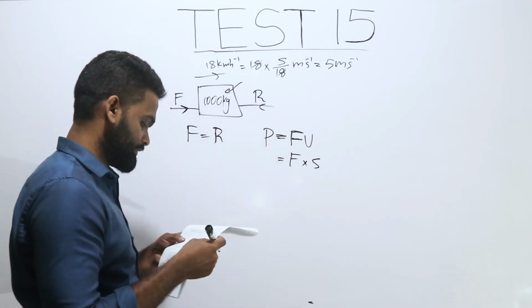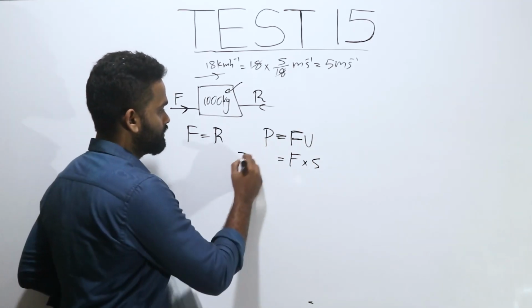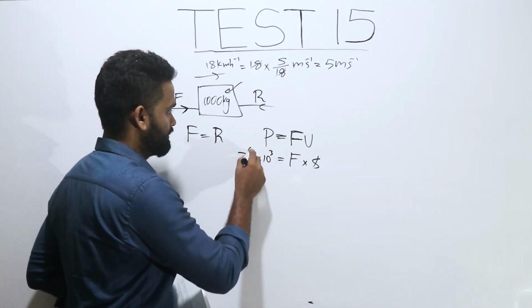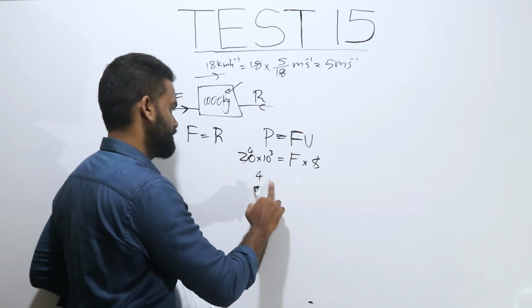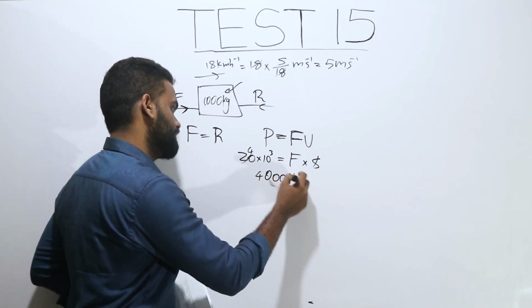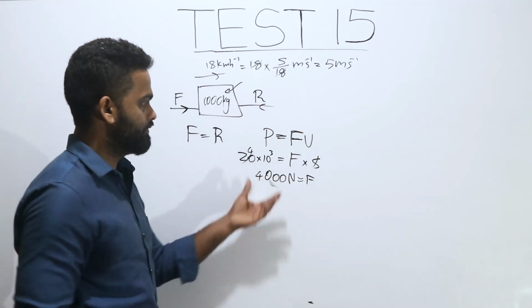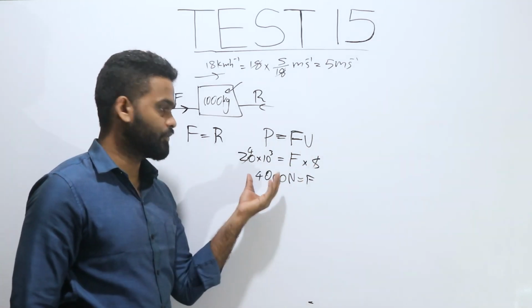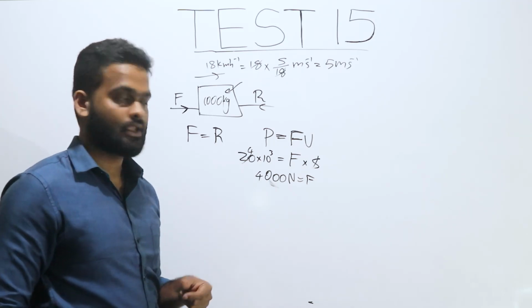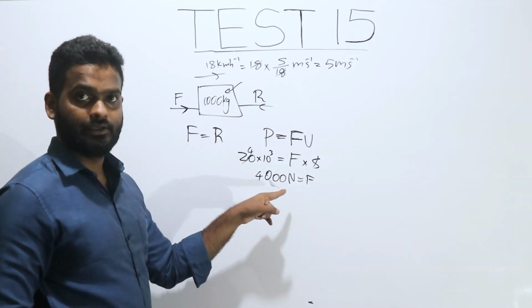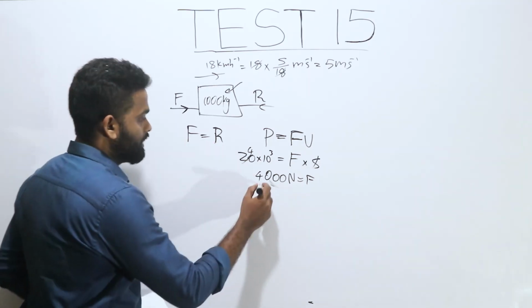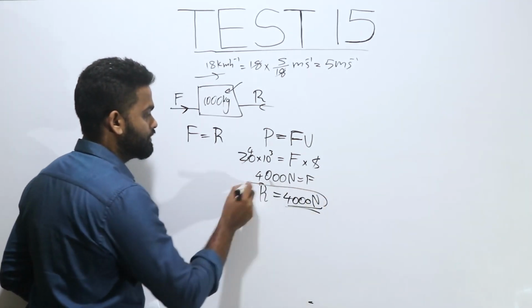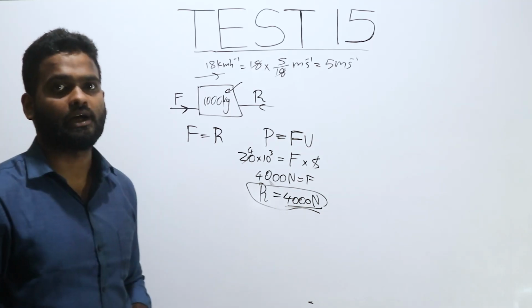Power is given as 20 kilowatts, so 5 and 4 cancel, giving 4000 Newton. So the driving force at this instant, when the car is moving at constant velocity, is 4000 Newton. Since F and R are equal, R also should be 4000 Newton.